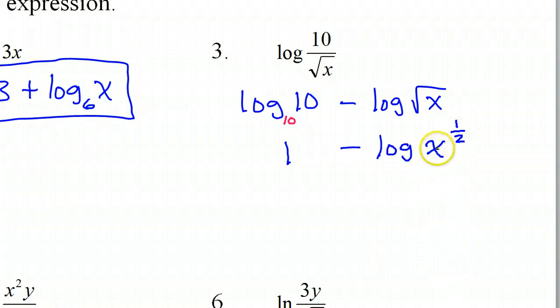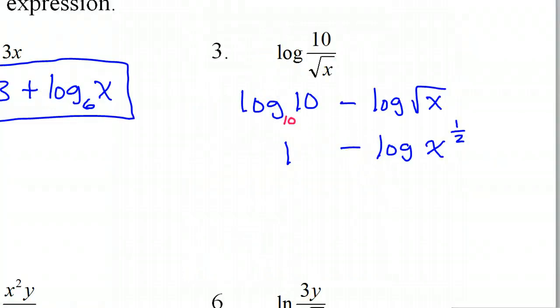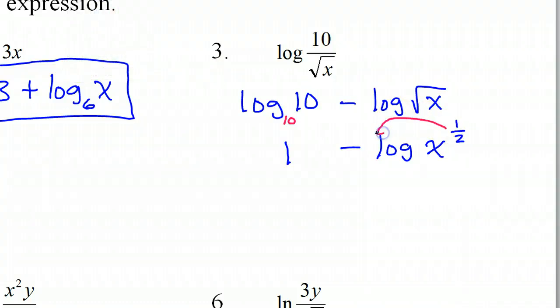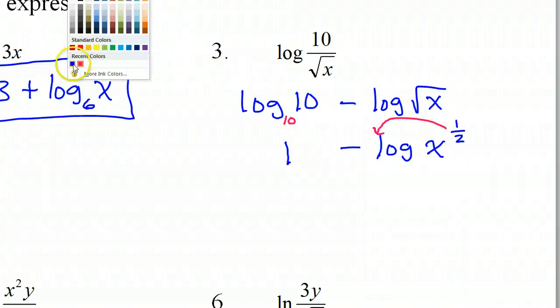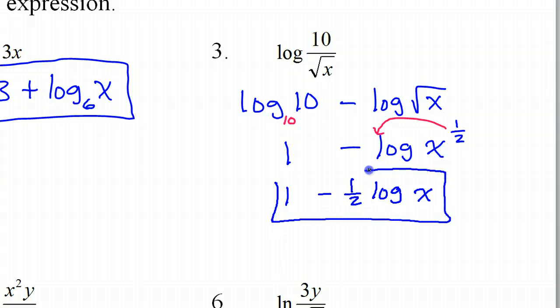And we will now use the exponent rule to bring that exponent to the front. Okay, so I'm doing this, and I will have 1 minus 1/2 log x. And that will be the final expanded answer.